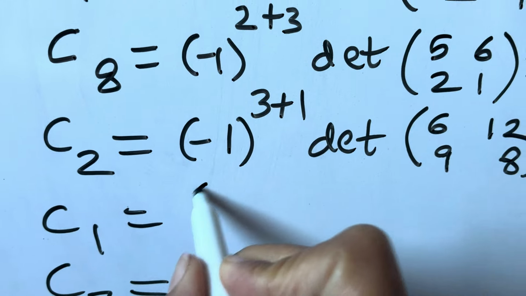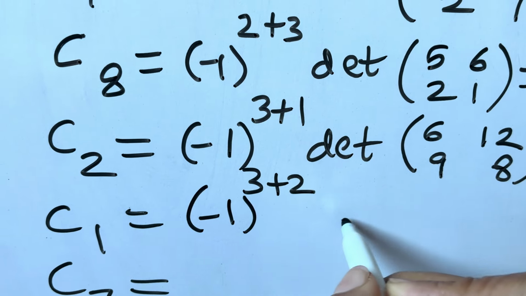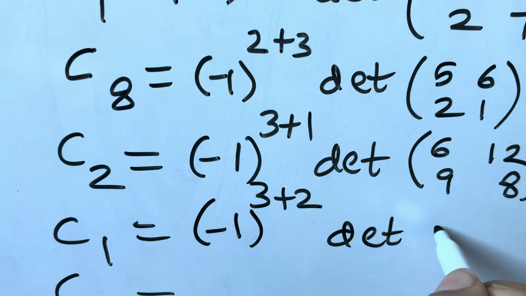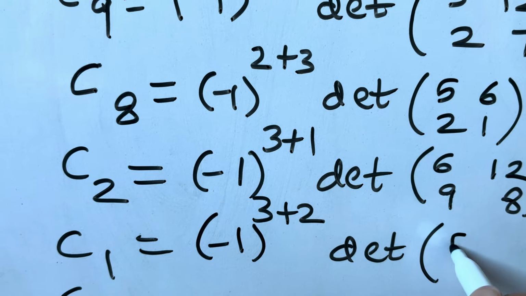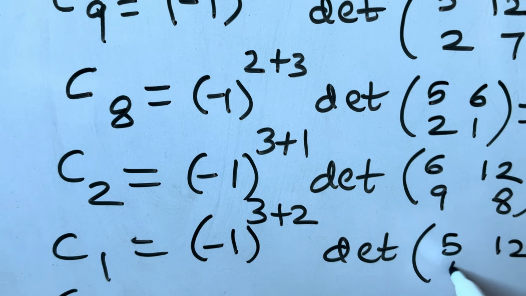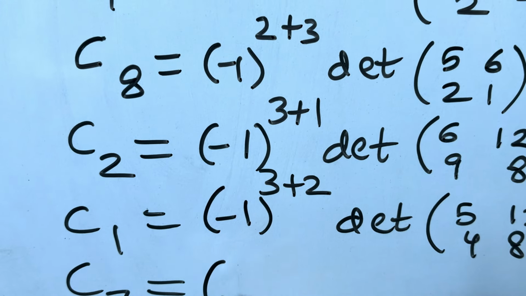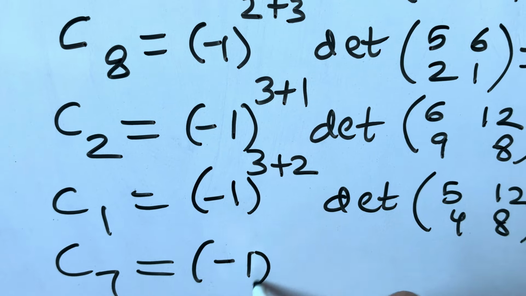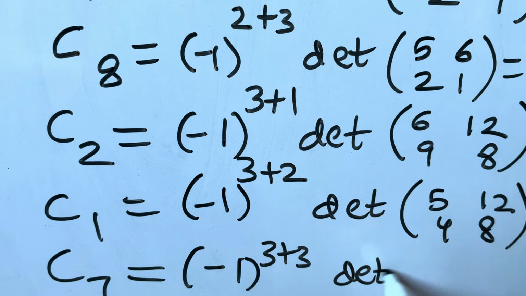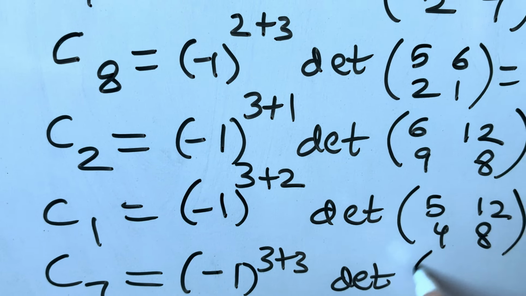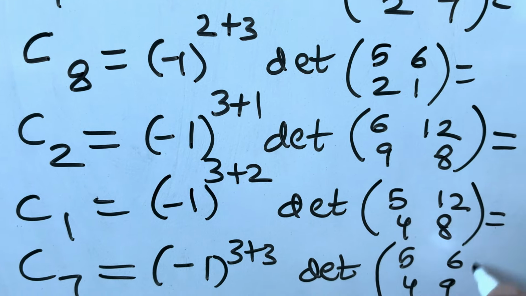My 1 is in the third row and second column, and the determinant would be removing the third row second column. I will be left over with 5, 12, 4 and 8. And the last element is 7, which is third row third column. So removing the third row and third column from the matrix, we are left over with 5, 6, 4 and 9.